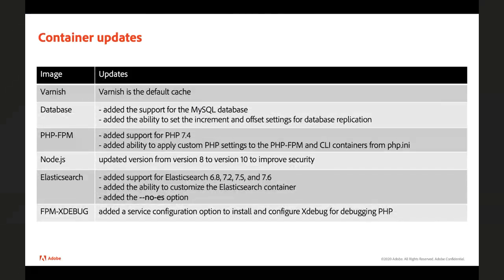We added a no-Elasticsearch option, so if you don't need Elasticsearch containers, you can use this option, and the Docker Compose YAML file will not contain configuration for Elasticsearch containers. Also, you can use Xdebug for debugging and profiling. As I remember, the next presentation will be about Xdebug on Magento Cloud Docker.